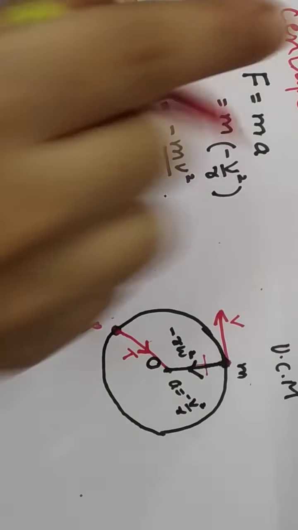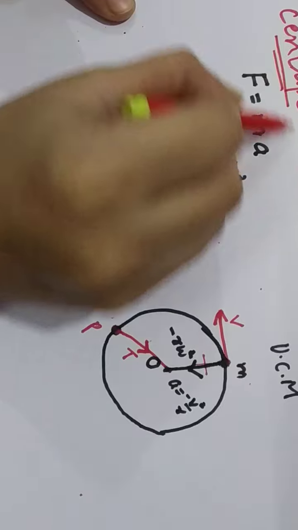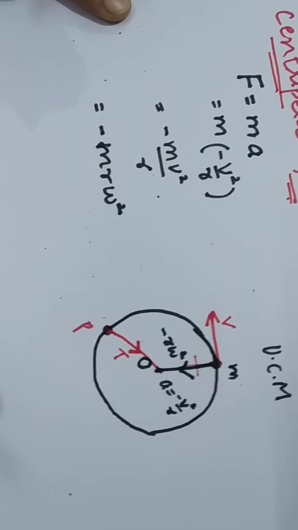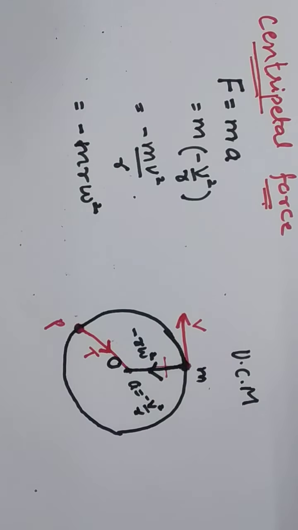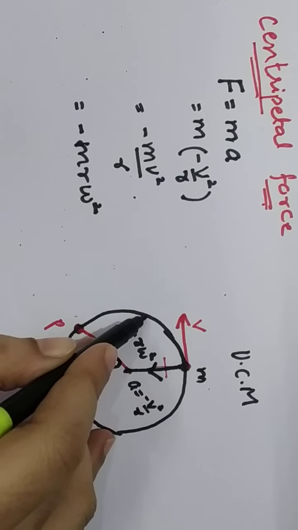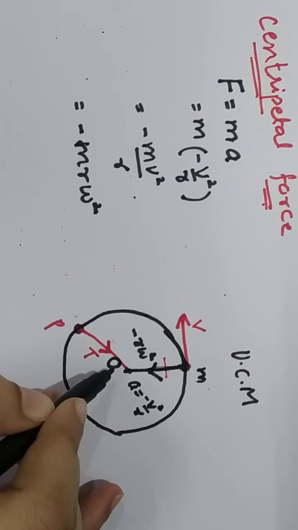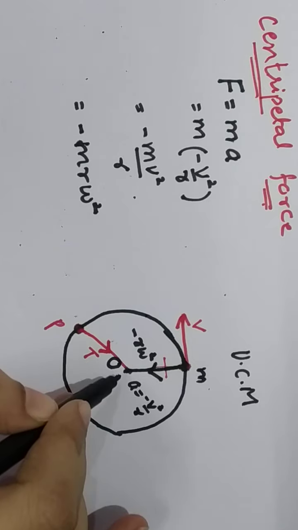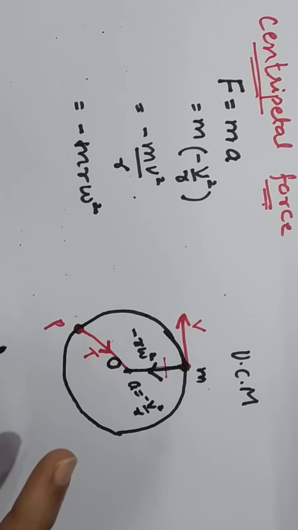Now one question arises here. So here we have completed the concept of centripetal force. If the particle is performing circular motion, it is being continuously acted upon by a force which is directed along the radius towards the center.